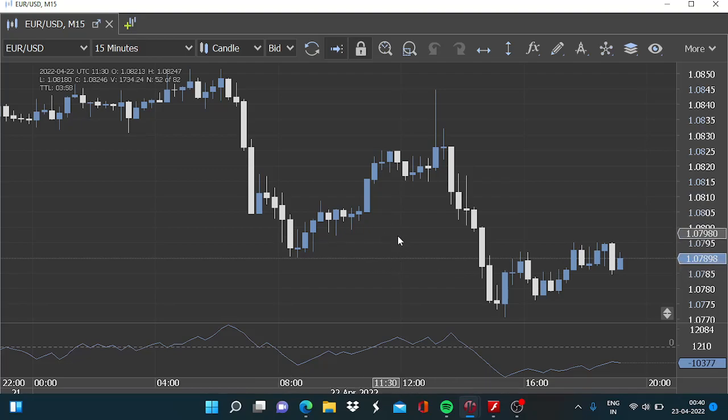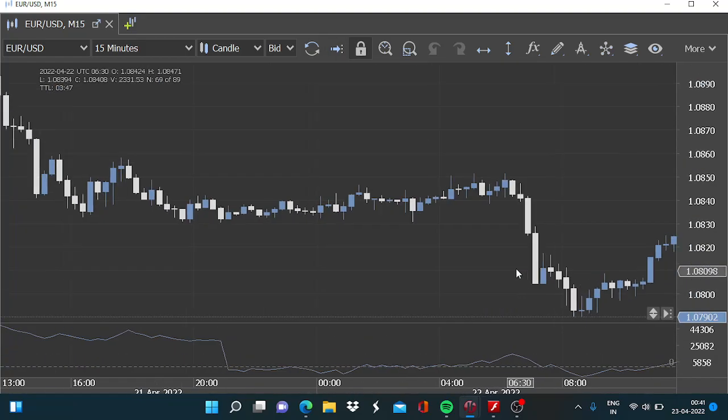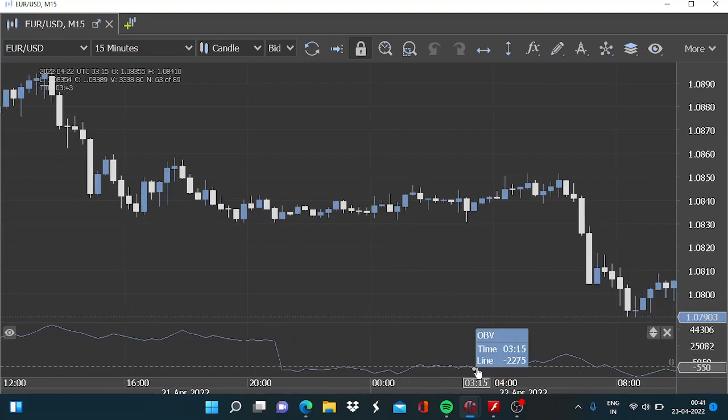So here, as I had explained in the last session also, as you can see here, we don't really have the divergence, and even if we look at this data, there is no real divergence here. So we will have to go back in time and see when we had the OBV value on the higher side, but the closing value of the last 15-minute candle was lower than the closing value of the 15-minute candle 2 hours back. I think somewhere here it might be the case.